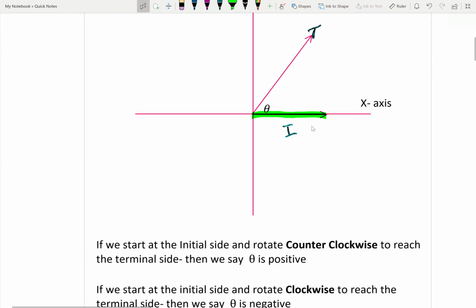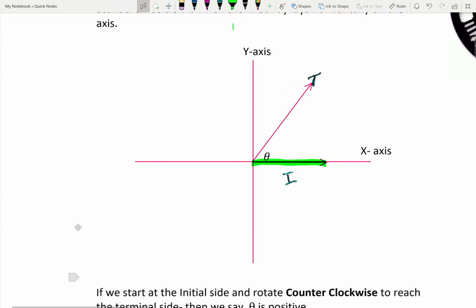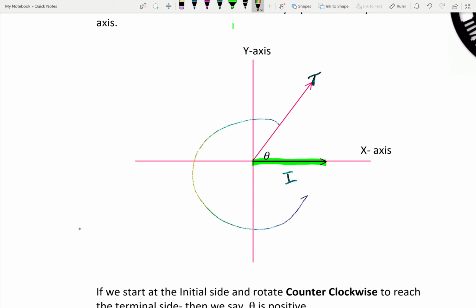Okay, so one thing we should talk about is when these terminal sides start rotating, it can rotate in two directions. It can go either this way, right? Or it can start rotating this way.